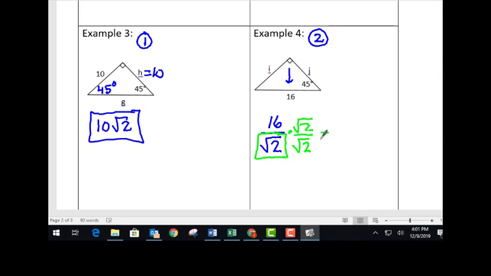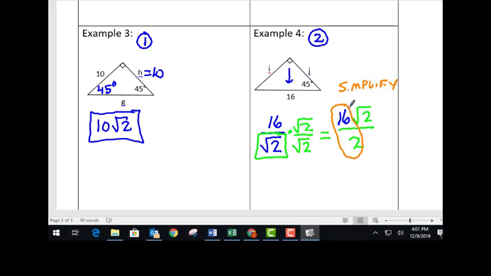So now in the numerator, I still have the 16, and we're multiplying in the square root of 2. And in the denominator, the square root of 2 times the square root of 2 is simply 2. So now what I want to look at is, can I possibly simplify this fraction?